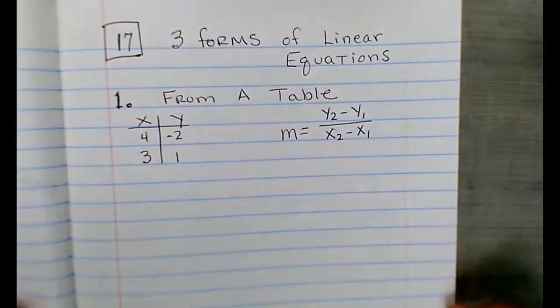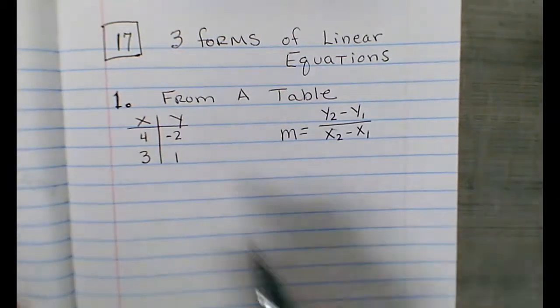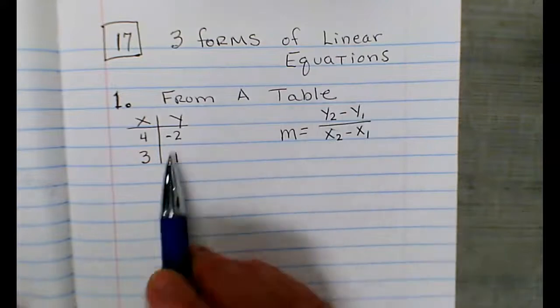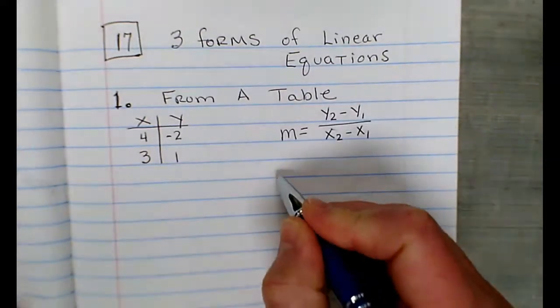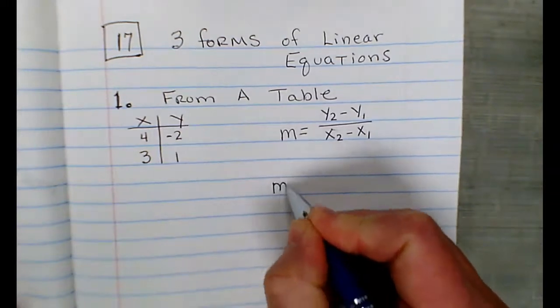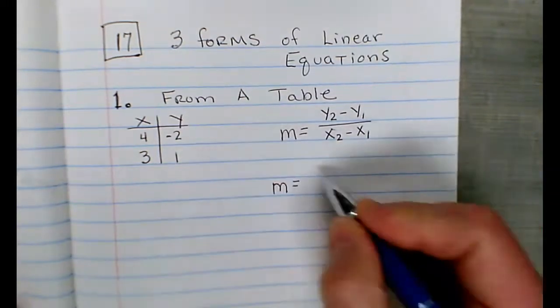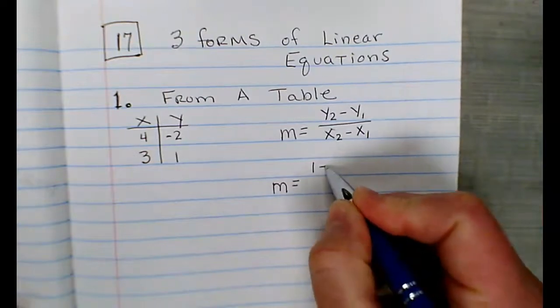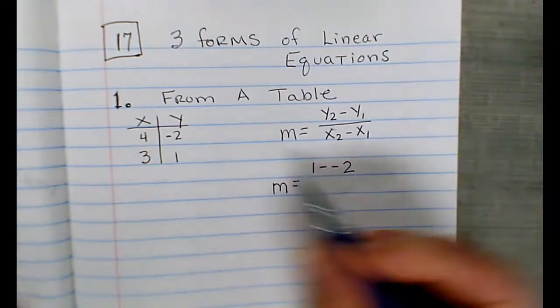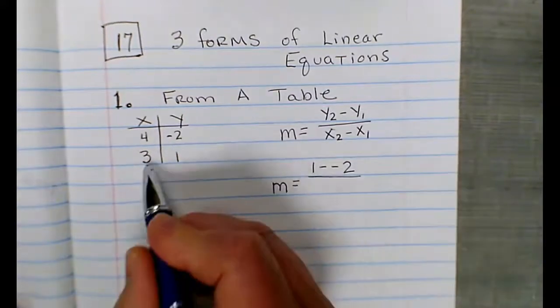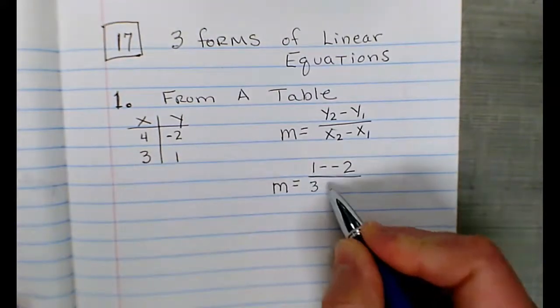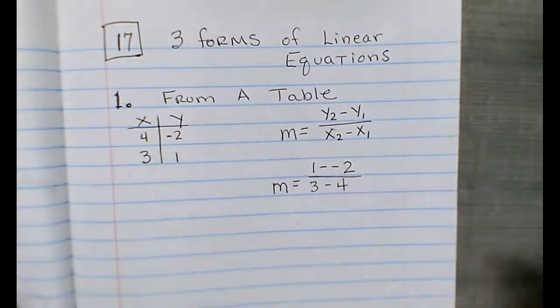So the first thing we're going to fill out is the slope. And we're going to put the y numbers at the top part of our formula. So the slope is equal to 1 minus a minus 2, over 3 subtract 4 on the bottom.